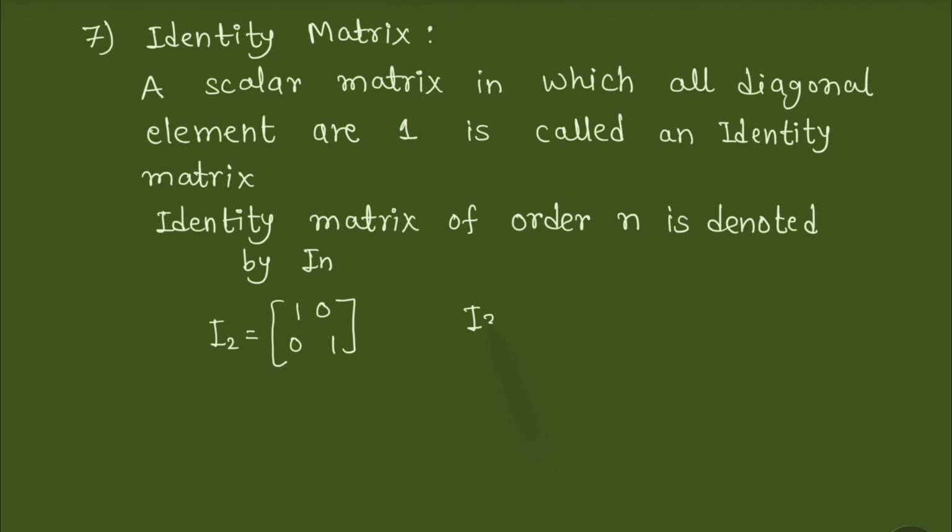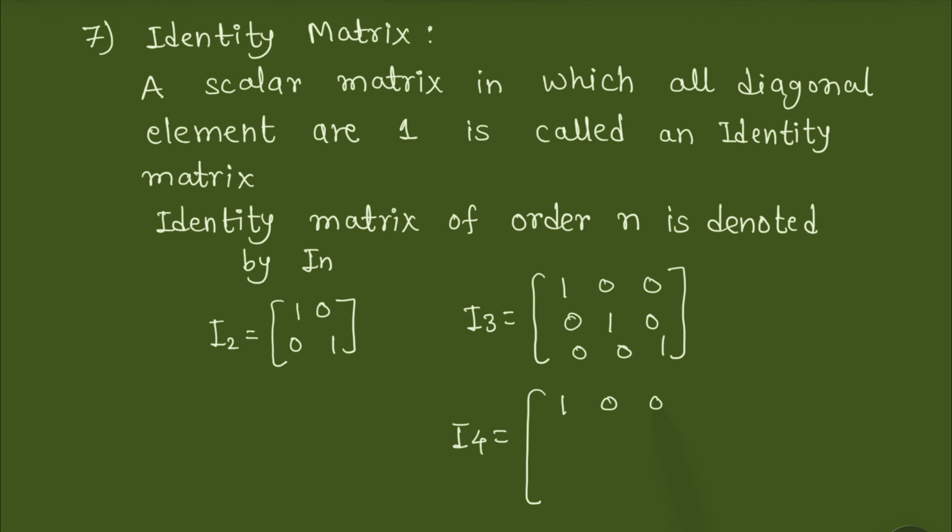Let's take example I3, where diagonal elements are 1 and non-diagonal elements are 0. Similarly I4, where diagonal elements are 1 and non-diagonal elements are 0. I1 is equal to 1.